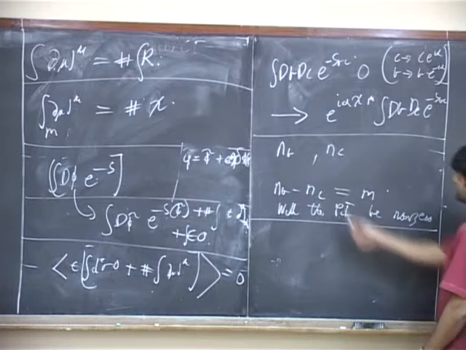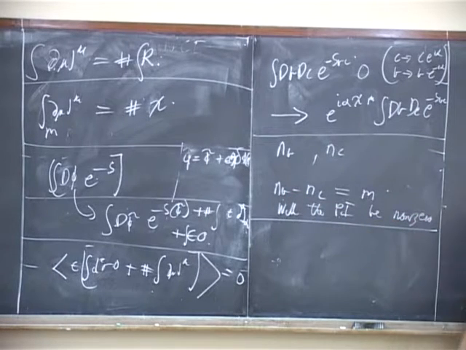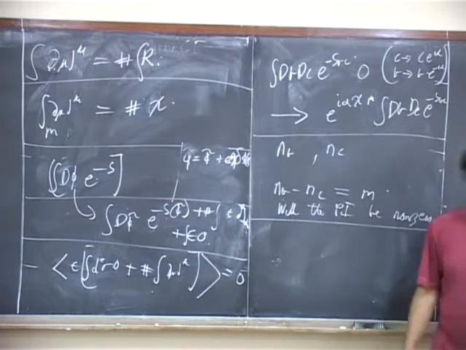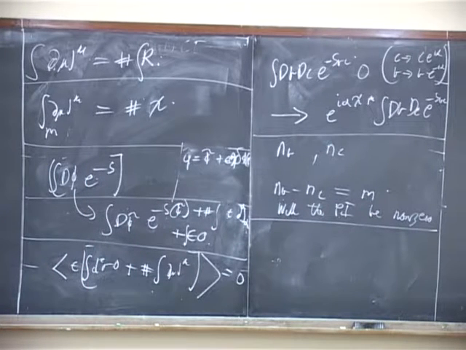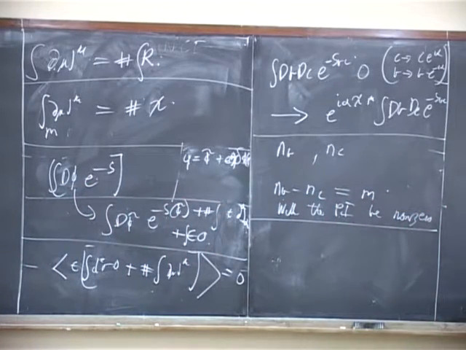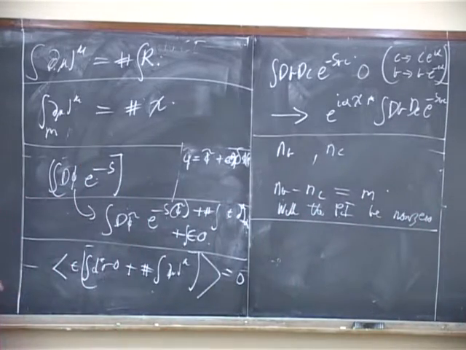Now, getting back to our purpose. We have that this path integral is non-zero only when the number of B insertions minus the number of C insertions is some particular number M. But we have independently seen that we get a non-zero path integral when we make as many B insertions as the number of B0 modes, and as many C insertions as the number of C0 modes.